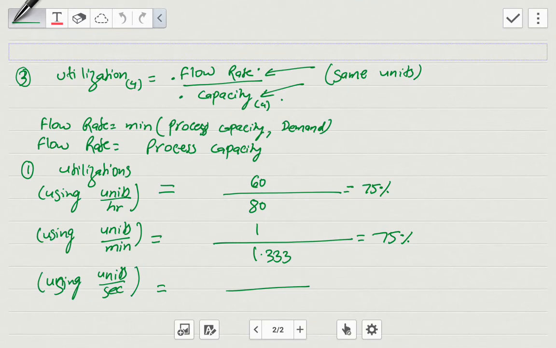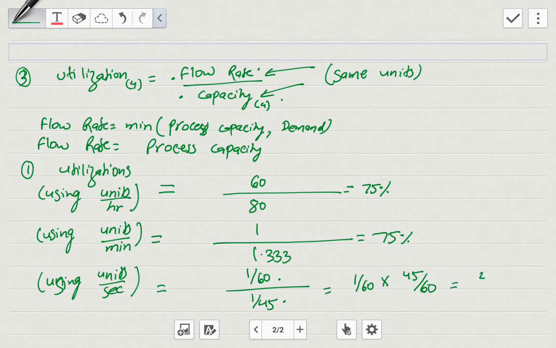So we have the flow rate is 1 by 60 and the capacity of station 4 is 1 by 45. This calculation is a little bit more involved. 1 by 60 divided by 1 by 45. To divide a fraction by another fraction, we reverse the denominator and the numerator of the lower fraction.